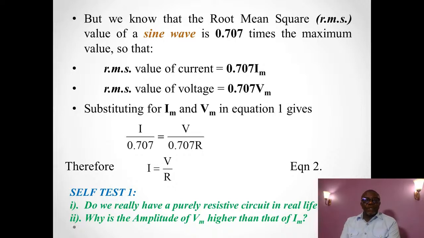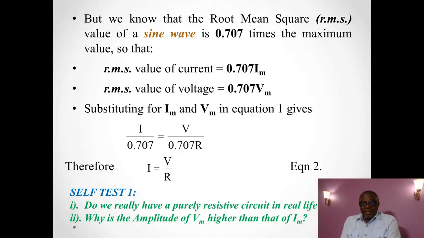So if we substitute these values in equation 1, it will now give us I over 0.707, which is equal to V over 0.707R. So it cancels out to give you I equals V over R, which is the Ohm's law.